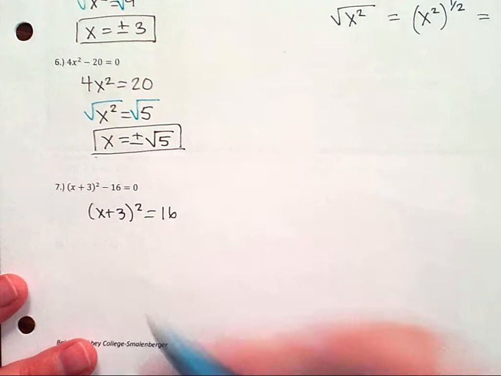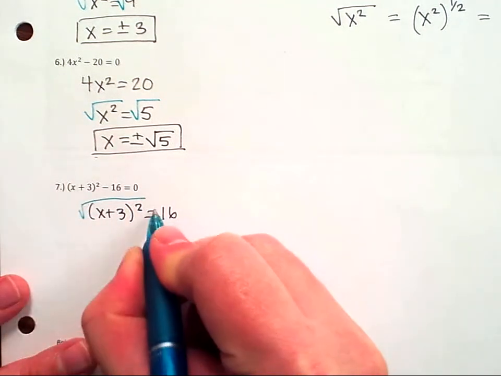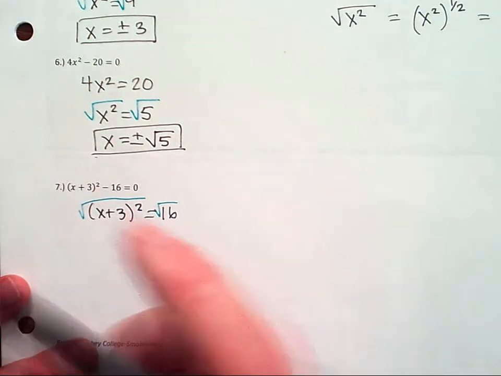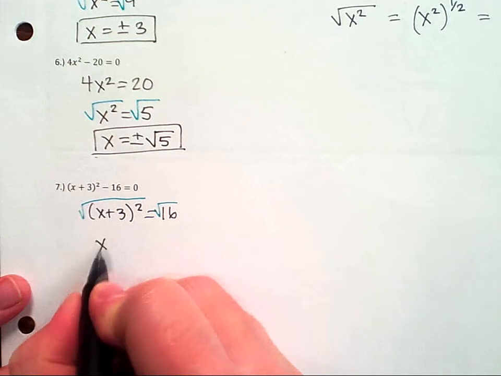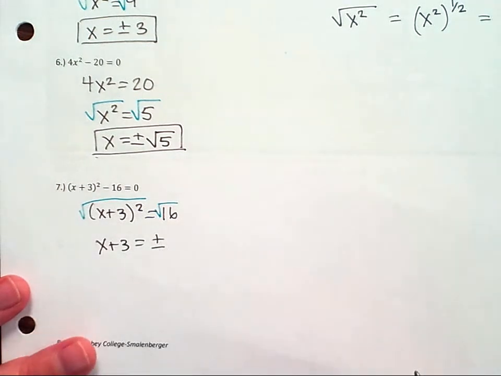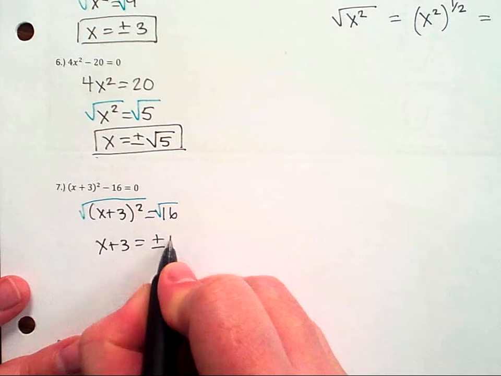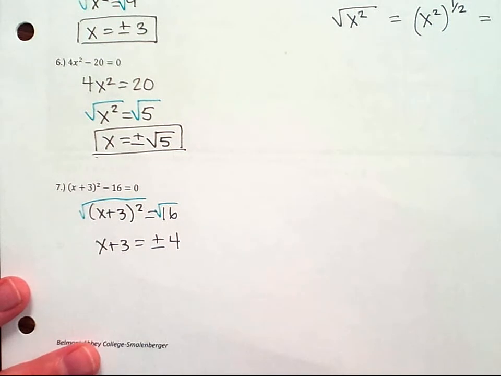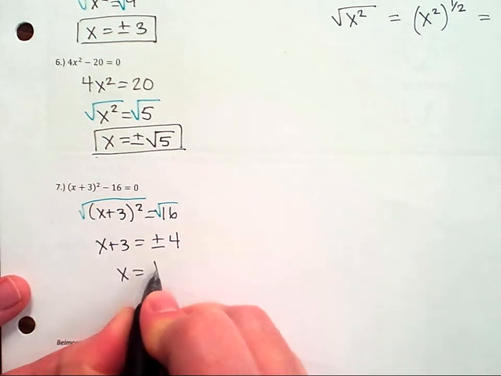Okay, now I have something squared. That's when I can take the square root. So I get x plus 3 equals plus or minus the square root of 16, which is 4. Then I'm going to subtract 3 from both sides.